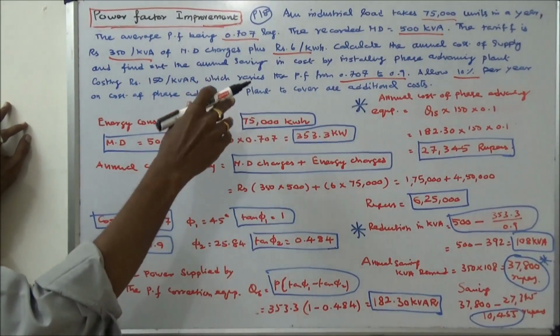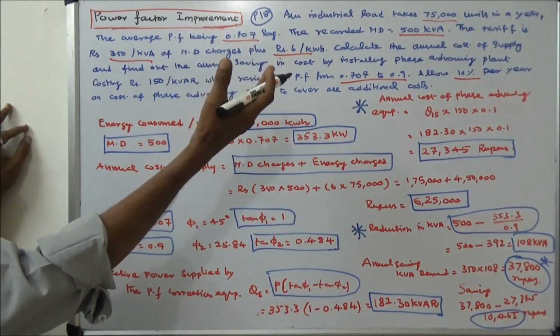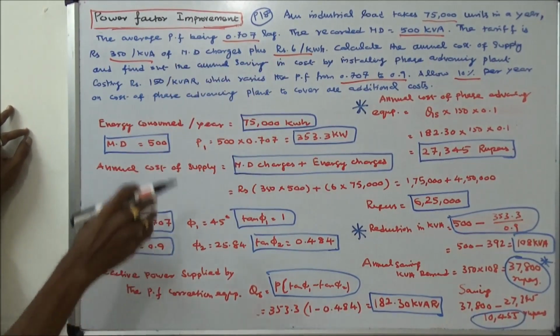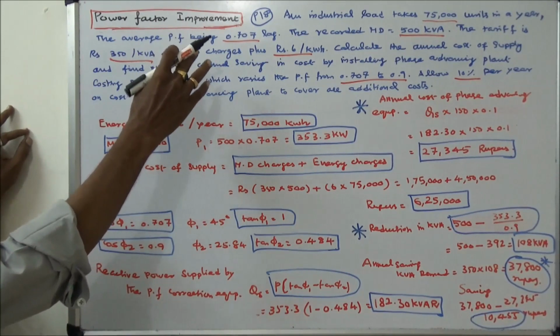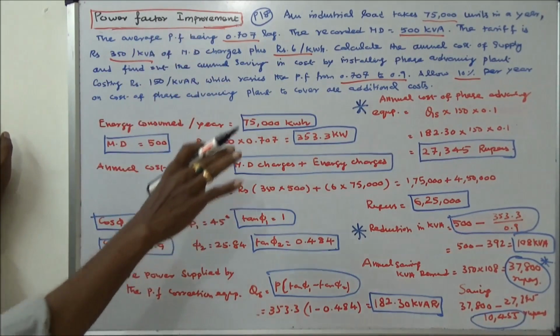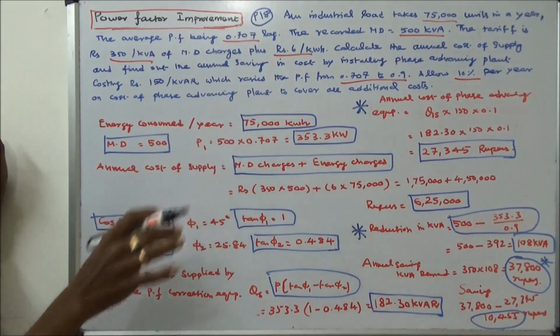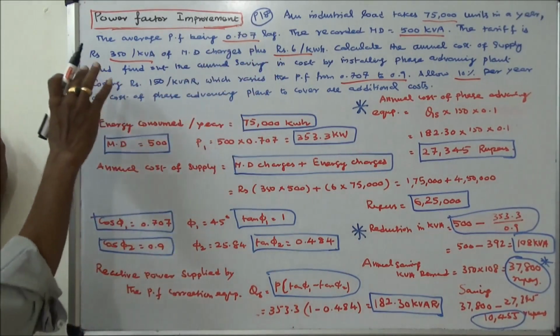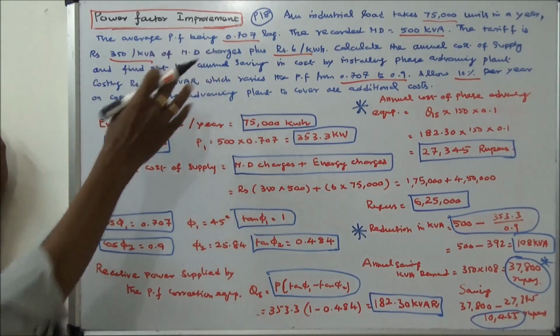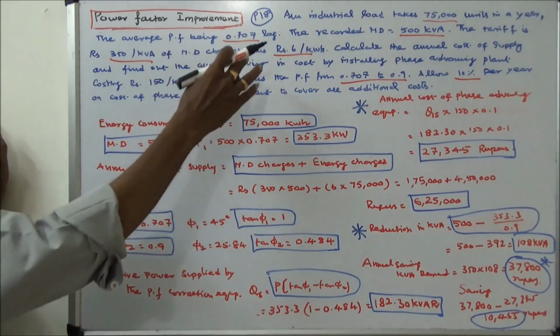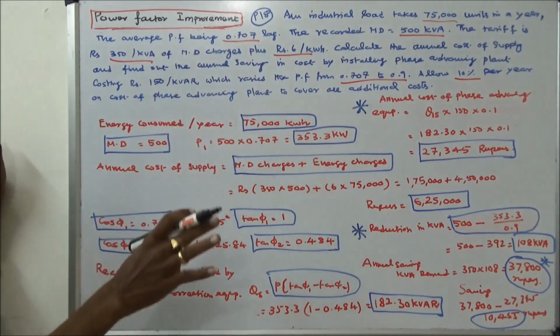Third problem: an industrial load takes 75,000 units in a year, the average power factor being 0.707 lagging. The recorded maximum demand is 500 kilovolt amperes. The tariff is rupees 350 per kVA of MD charges plus rupees 6 per kilowatt hour.